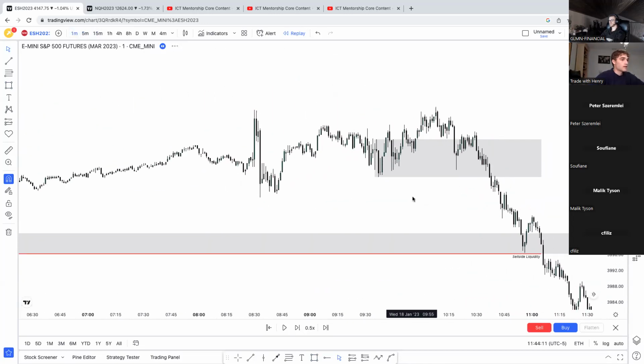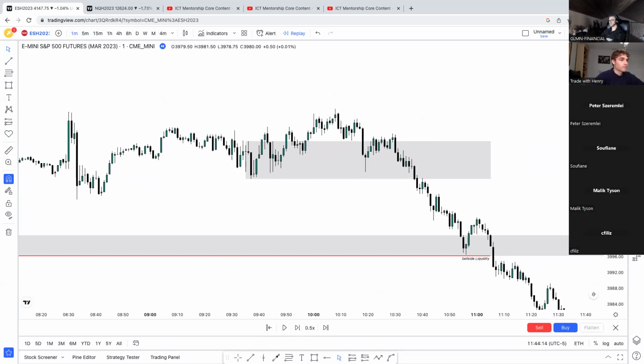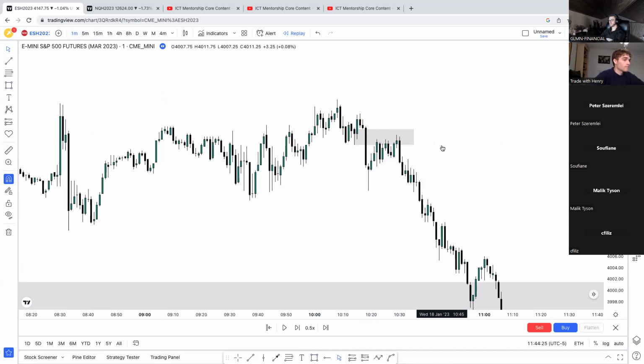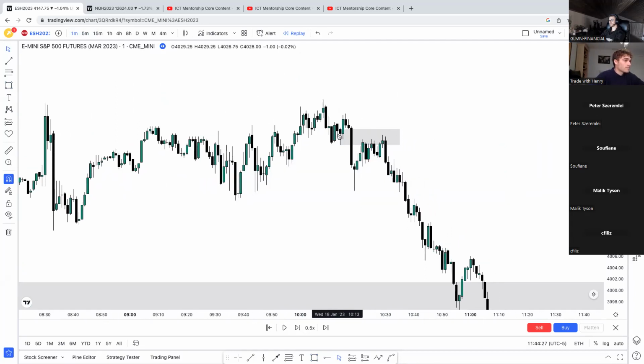And let's see a 1-minute example right here. We've got this price swing: a low, a higher high, and then the low is taken. We trade back up into it, right into the mean threshold, and then trade lower.